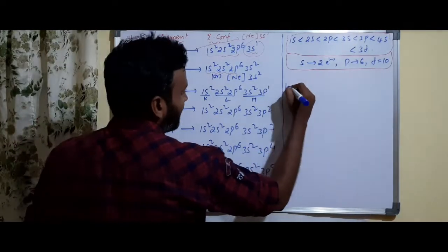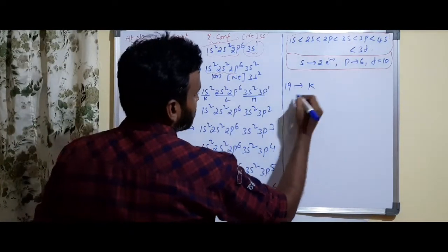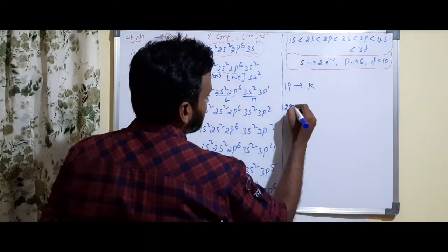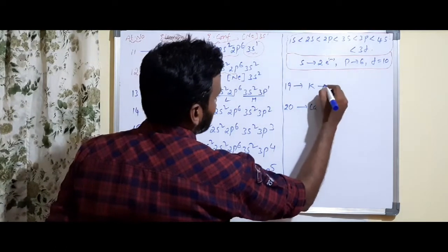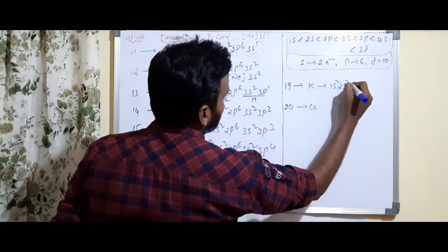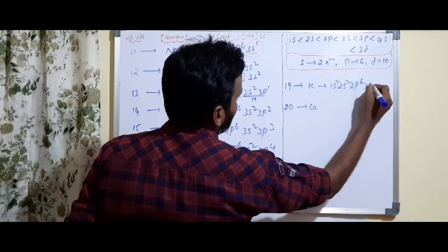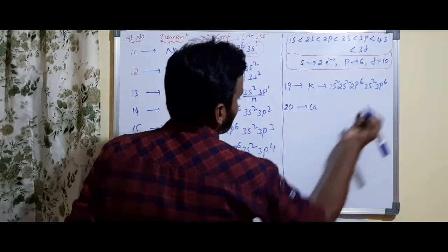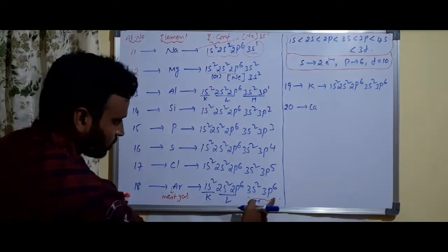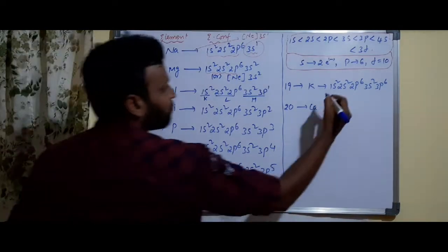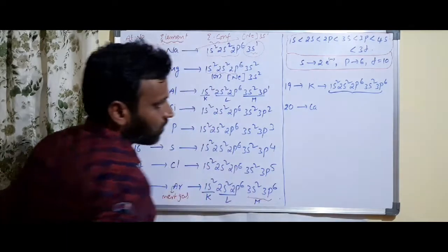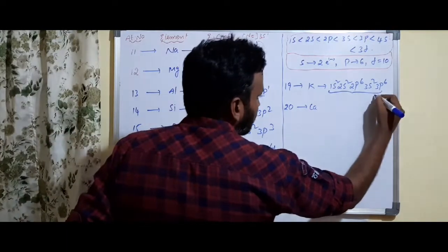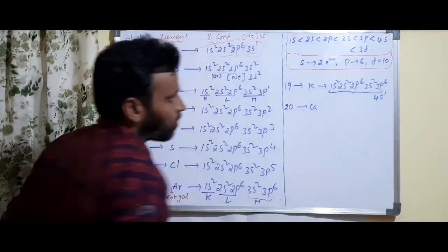Okay, 18. Next 19 is potassium and 20 is calcium. So potassium has 1s2, 2s2, 2p6 and 3s2, 3p6. Actually up to 3p6 is the argon. So fully up to here is argon, and next the electron enters into 4s1.